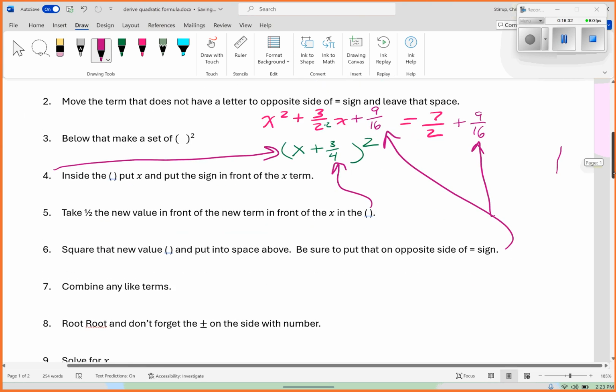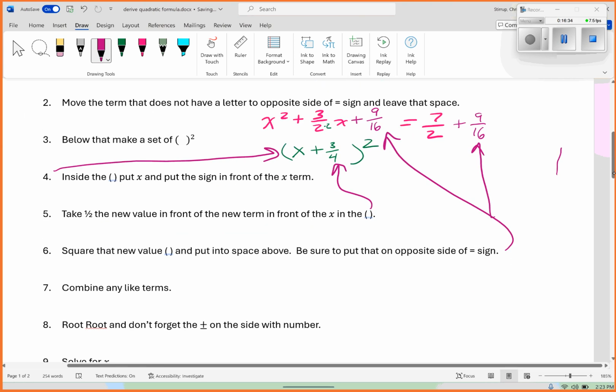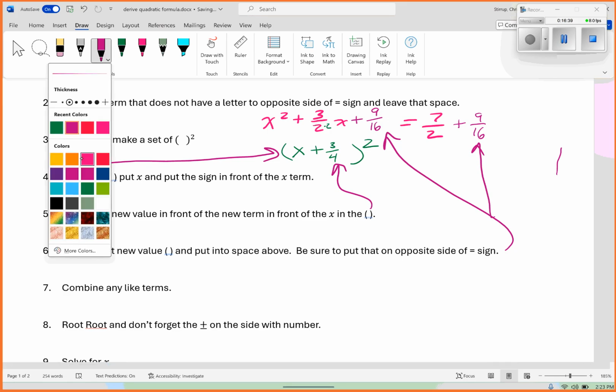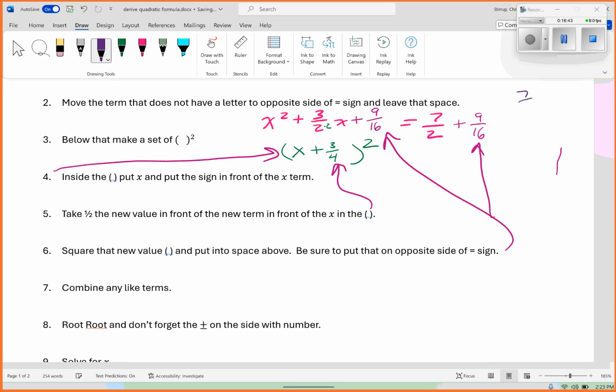Okay. All right. So the most complicated part of this problem, we're going to go 7 over 2. I'm just going to do this off to the side, over 9 over 16. I'm going to multiply this by 8 over 8, which is going to give me 56 over 16 plus 9 over 16. All I did right here is I got a common denominator. And guys, you know what?